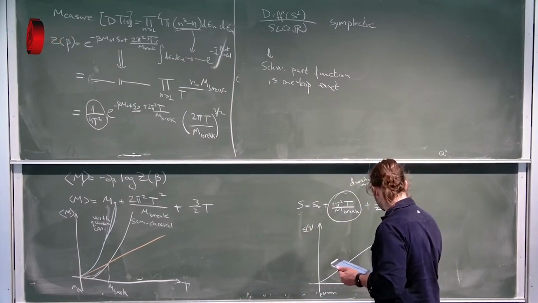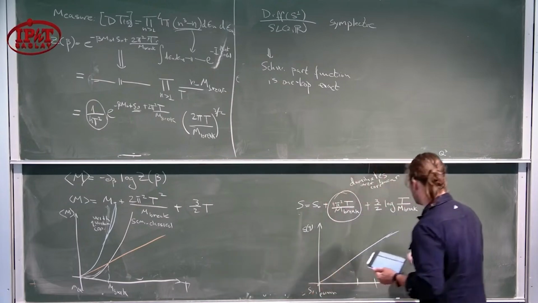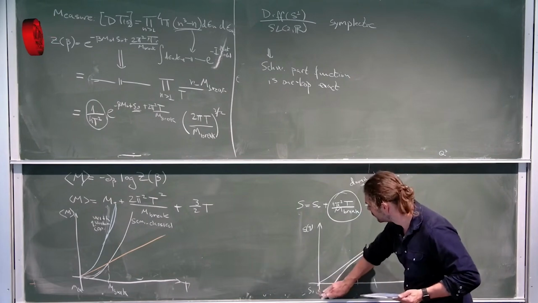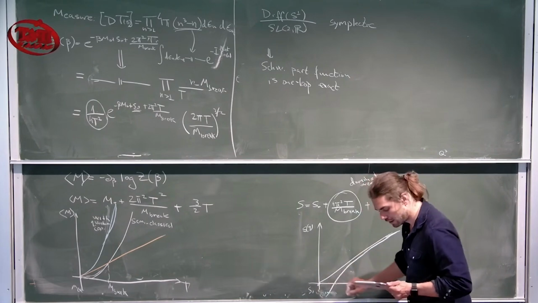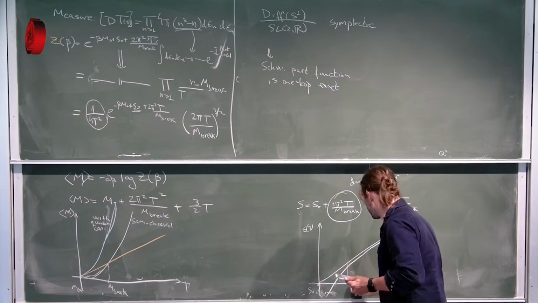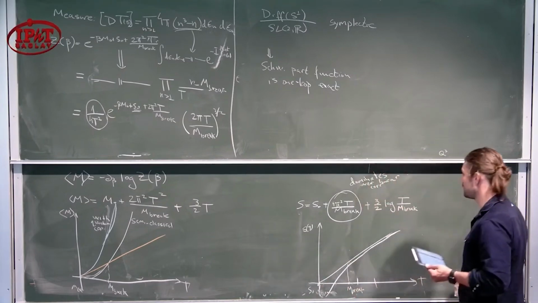now, so this is S0. Now, as I approach the scale M breakdown, the answer deviates from the semi-classical answer because this piece dominates.